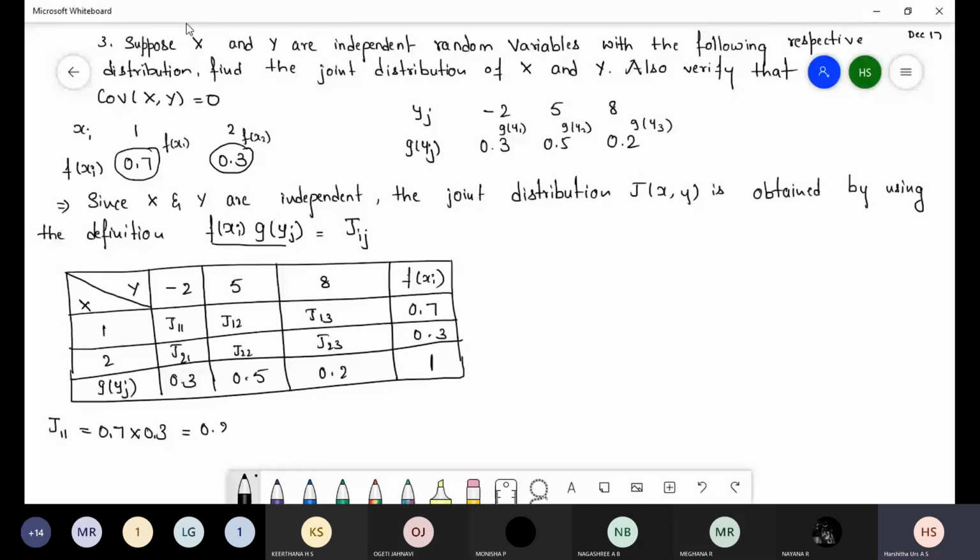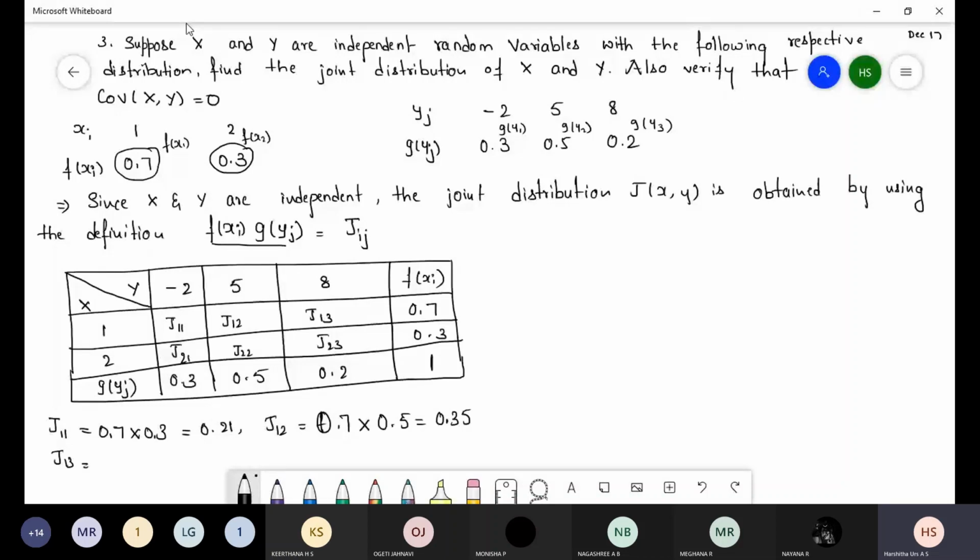Next, J12 means f of x1 into g of y2: 0.7 into 0.5. Here we get 0.35. Next, J13.